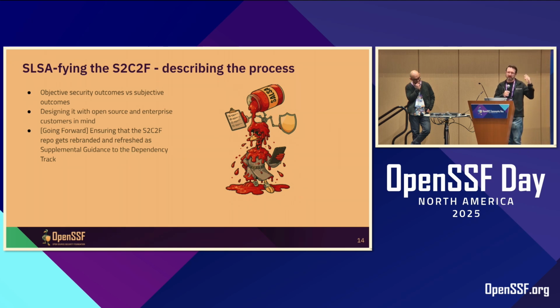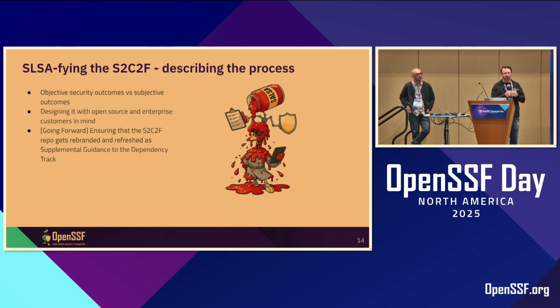So that was a core principle of S2C2F, but inside the dependency track, we recognized that we needed to start with inventory. That's an equally important outcome that needed to be achieved and was achievable by both open source and enterprises alike.